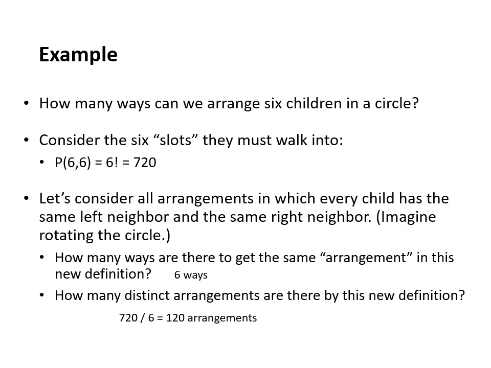Given that there are 6 slots in this circle, each equivalence class is going to have 6 different arrangements of children. So you can imagine rotating children in a circle once you have an arrangement. And then how many distinct arrangements are there? There is 720 divided by 6, which is 120 arrangements. So that's the solution for this problem.